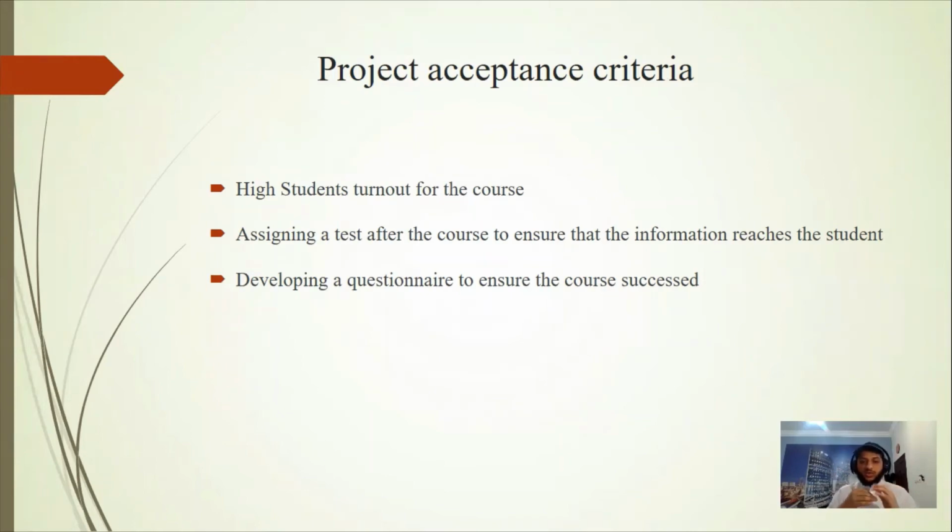The second one, we will assign a test after the course to make sure that the students get the right information, and according to the results, we know whether we delivered the right information to the students or not.